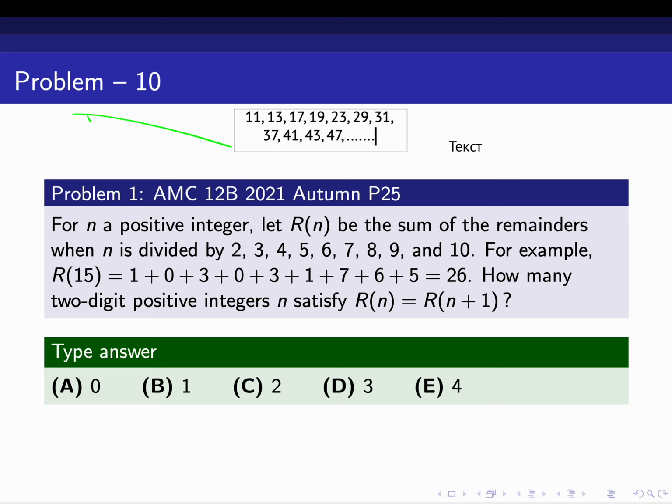And the pattern continues here, I guess. So all those prime numbers don't work.